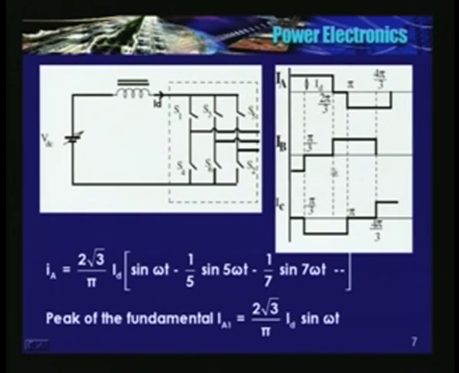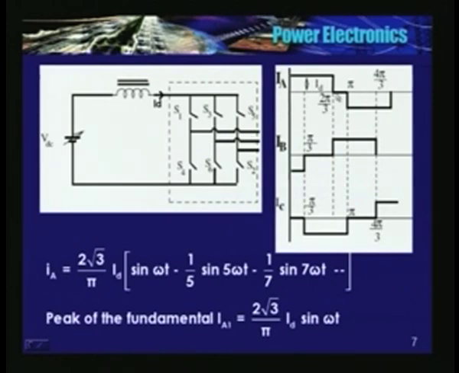So, if there is an inductor in the load, can you have this sort of a waveform? See, for 2 pi by 3 to pi, there is no current flowing in that phase. Now, suppose there is an inductive load connected here, a constant current was flowing. At this point, S1 is opened. S4 is open and it will be closed after 60 degrees.